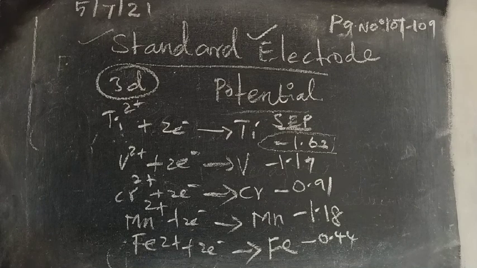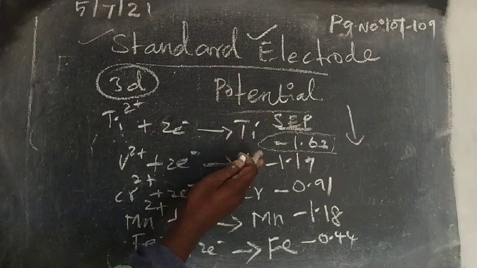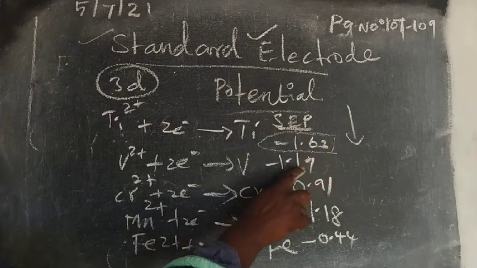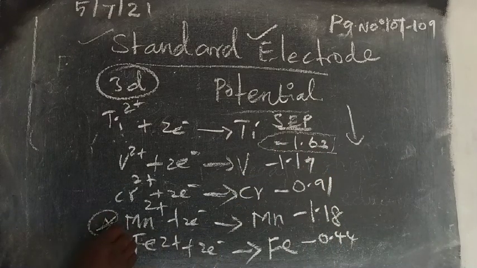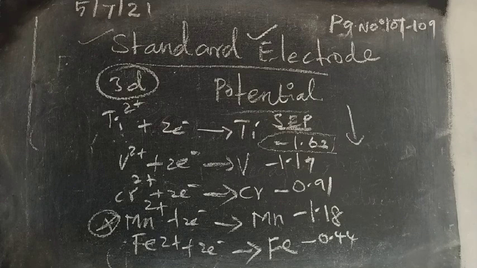From titanium to zinc, if you see, the value moves towards less negative from top to bottom; the values try to decrease. Are you able to understand? 1.63, 1.19, 0.91, this is a unique character, we will see later. Then minus 0.44, then little by little it is trying to decrease.